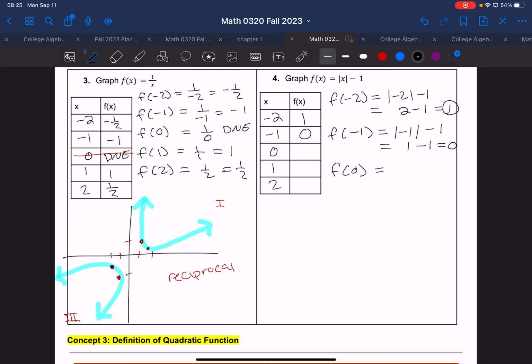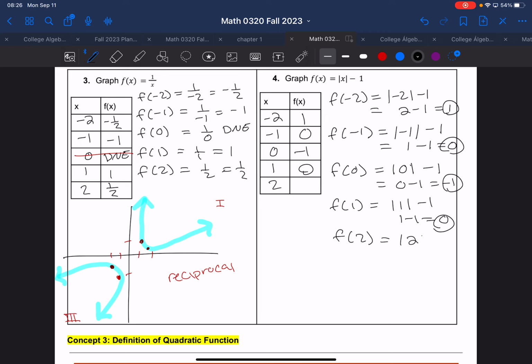F of 0 is equal to the absolute value of 0 minus 1. What's the absolute value of 0? 0. Good. So we get 0 minus 1, which is -1. F of 1 is equal to the absolute value of 1 minus 1, which is still 1 minus 1, which gives us 0. And then lastly, f of 2 is equal to the absolute value of 2 minus 1, which gives us 1.